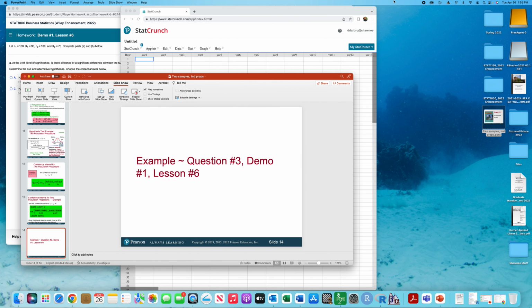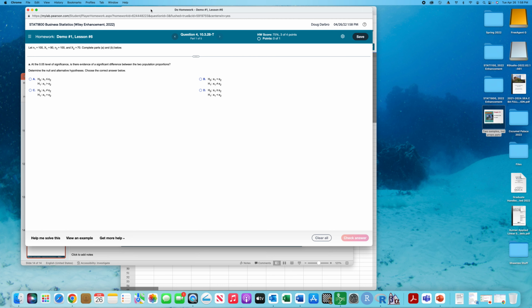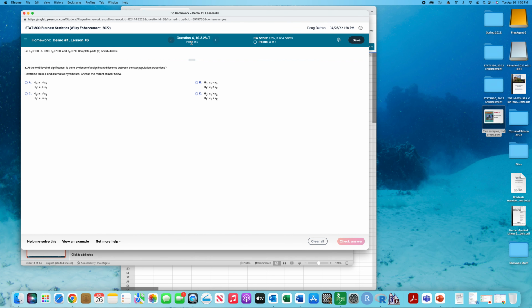All right, let's do it. Let's go to the remaining question. I think there's only one question remaining, right? Yeah. So we have n1 equal 100, x1 equal 90, n2 equal 100.